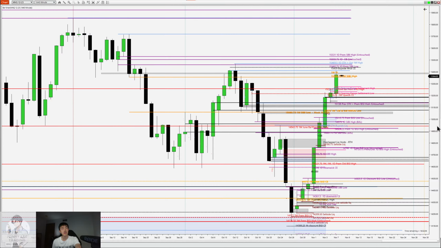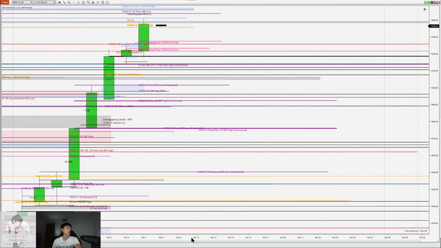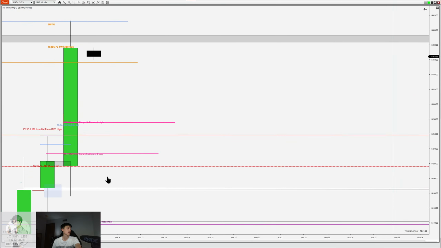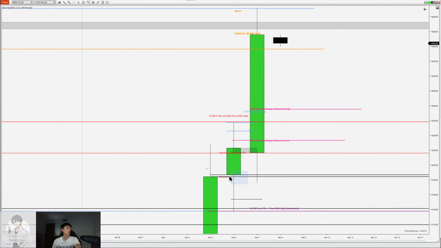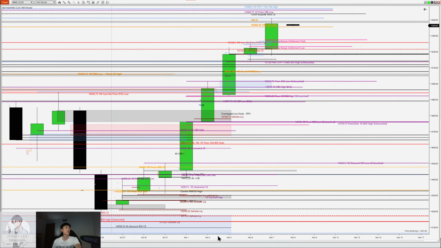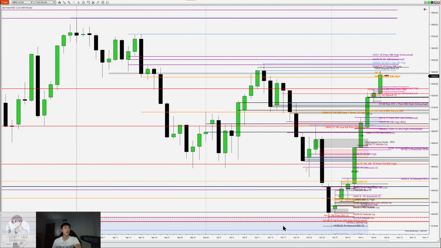Wednesday, we could see the high of day this week, high of week this week. Something else to consider is that we started this week right there. We traded below it, right? And then we continued upwards. So we could end up seeing another nice big green week.